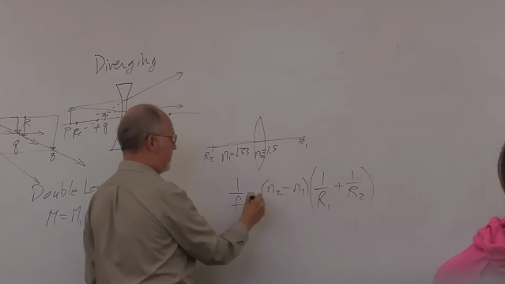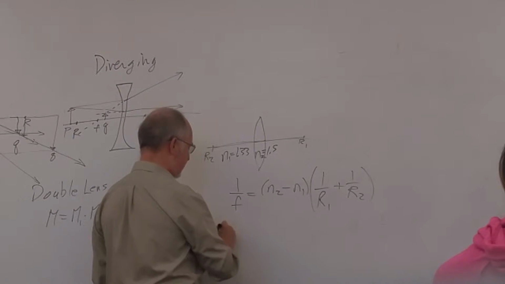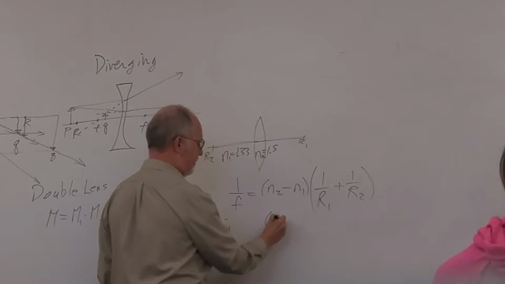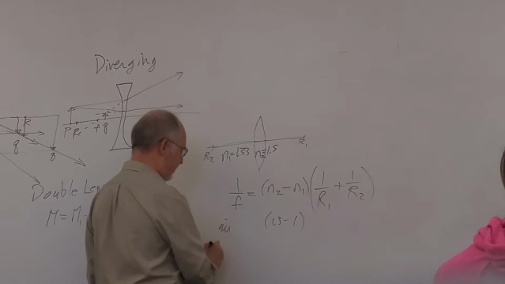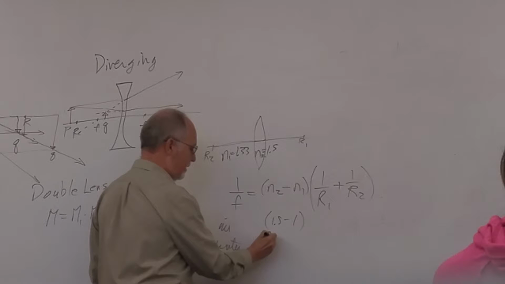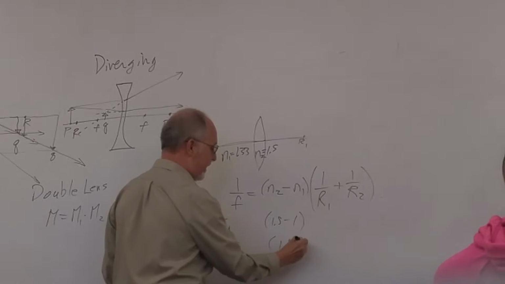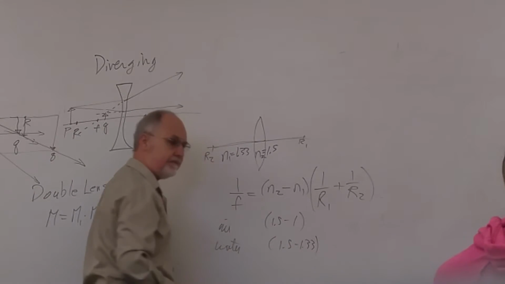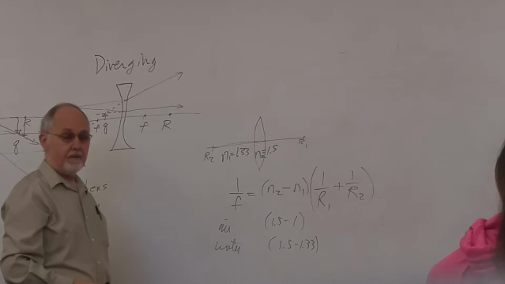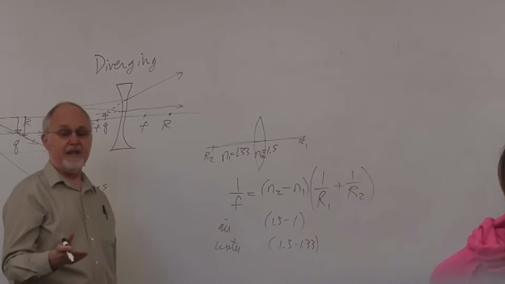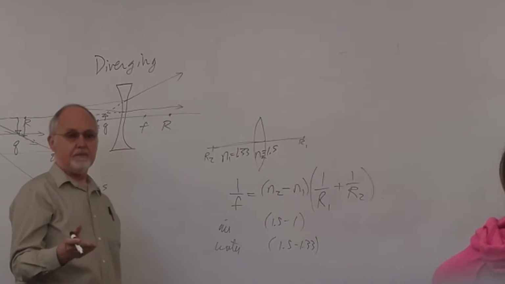If you just look at this, you'd have for air, this would be 1.5 minus 1. For the water, this would be 1.5 minus 1.33. Same radius of curvature. You haven't changed the radius of curvature.